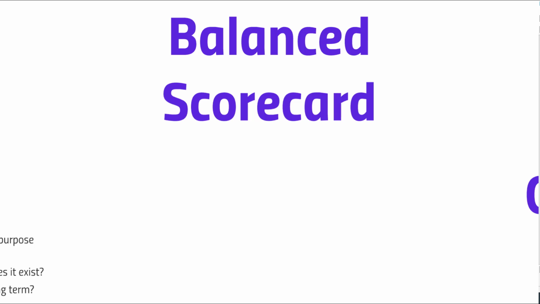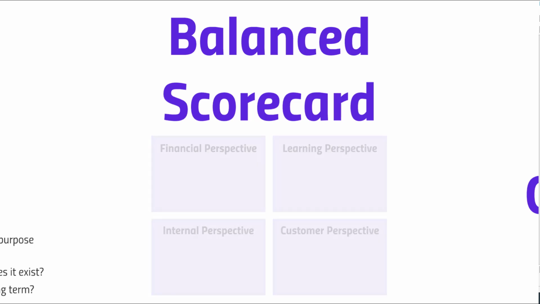So obviously this is a performance measurement framework, so organizations can align their business activities with their strategic objectives. And so it's focusing much more on the entire organization, far more than the traditional financial metrics, by incorporating different perspectives.